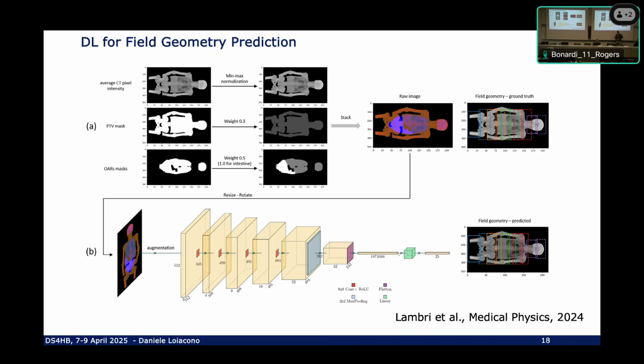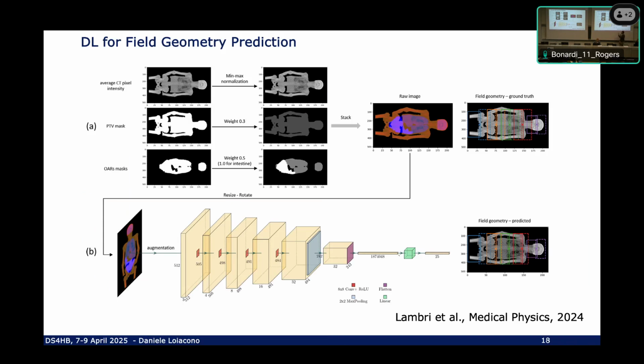These three types of information have been merged together in a single image, and this is provided as an input to our convolutional neural network that has been trained on around 100 previously created plans from the medical physicist for treating TMLI.